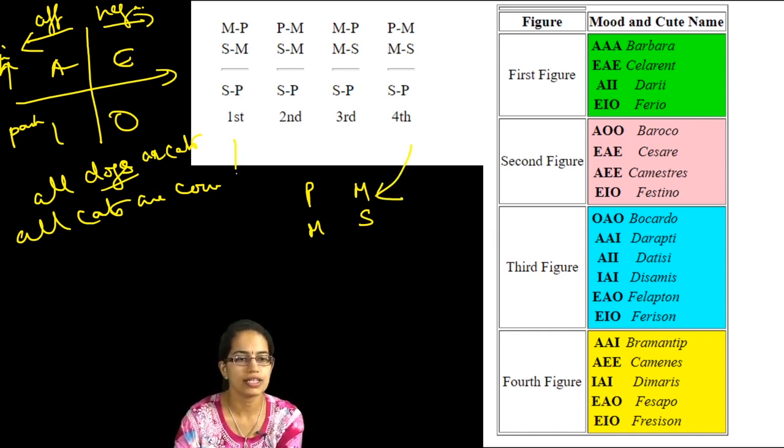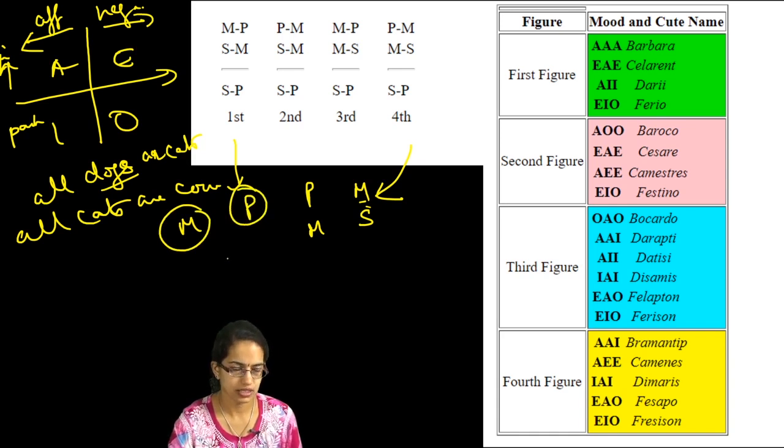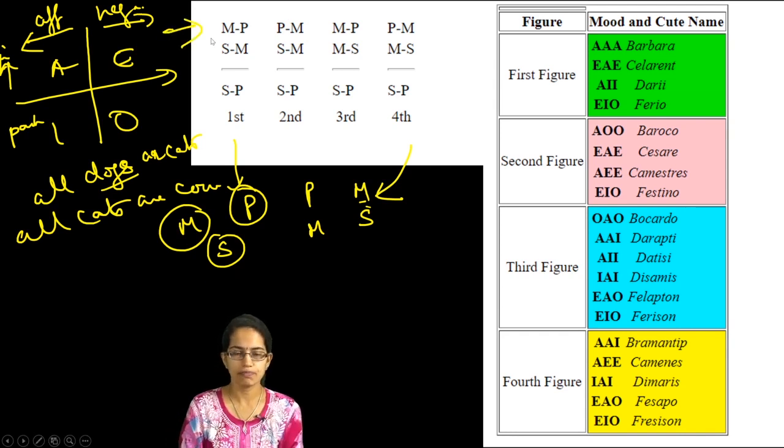Similarly, there could be a case where I say all cats are dogs and all cows are... what is the middle term? Cats. Okay, so M is the middle term, P is the major premise term, and S is the subject or the second premise term. So there could be 4 such arrangements as seen in the diagram.